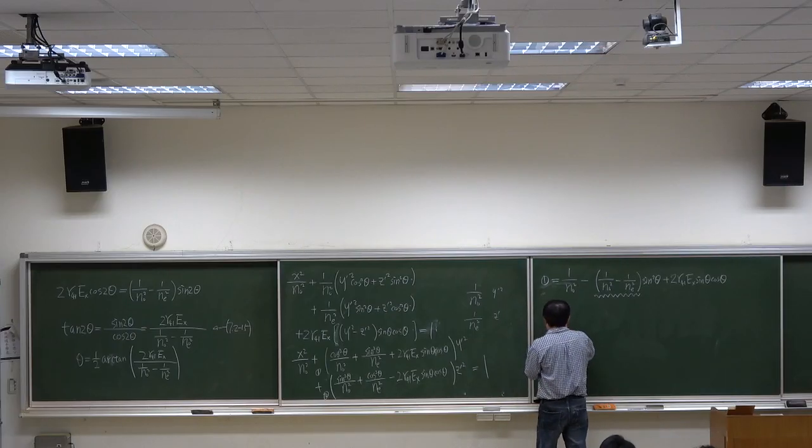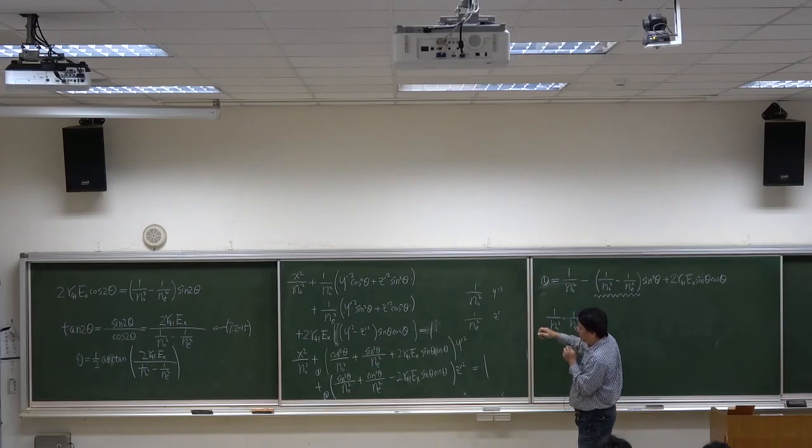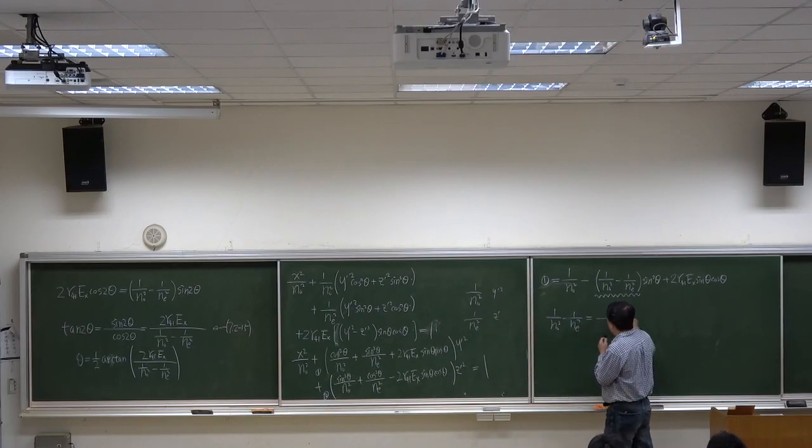1 over NO squared minus 1 over NE squared can be written as 2 r41 Ex over tangent 2 theta.